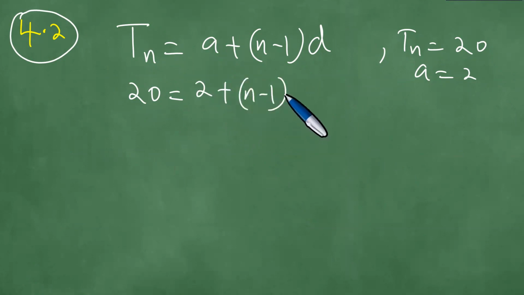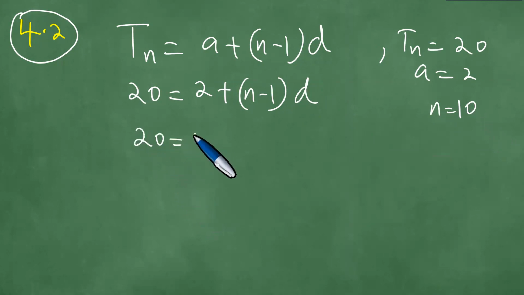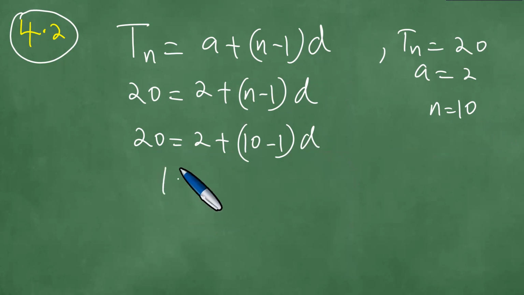The common difference is what is wanted. But we know that n is 10, which means we have this. 20 minus 2 is what? 18. 18 equals 9D. Okay, you need to solve for D here.